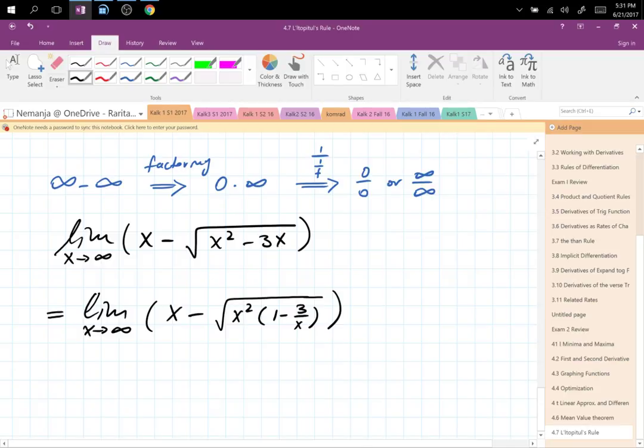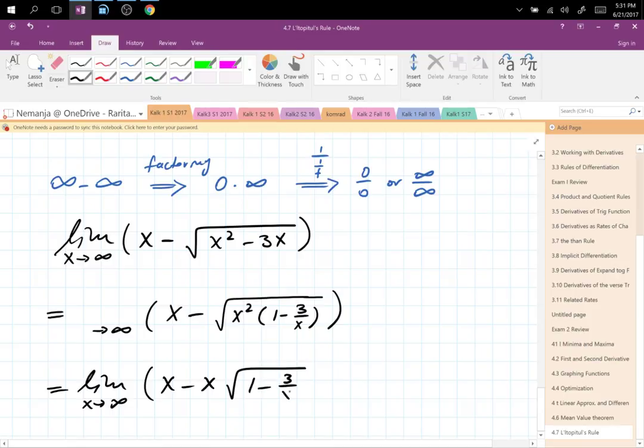And when you factor out x squared out of 3x, you get 3 over x. So now this x squared goes in front of the root, right? You take that out, becomes an x. So now we have x minus x, square root of 1 minus 3 over x. When it goes in front of the root now, it's x squared under the root. And then, yeah, all right.